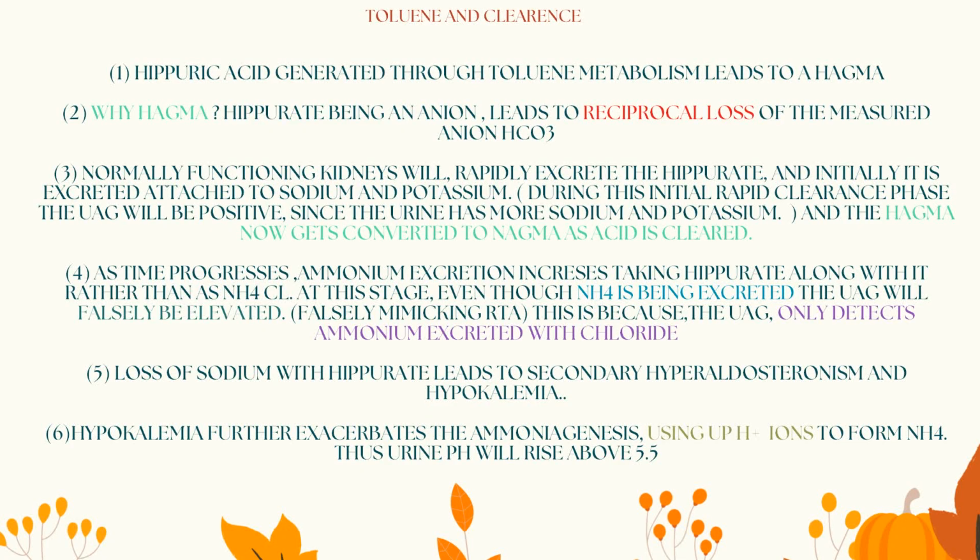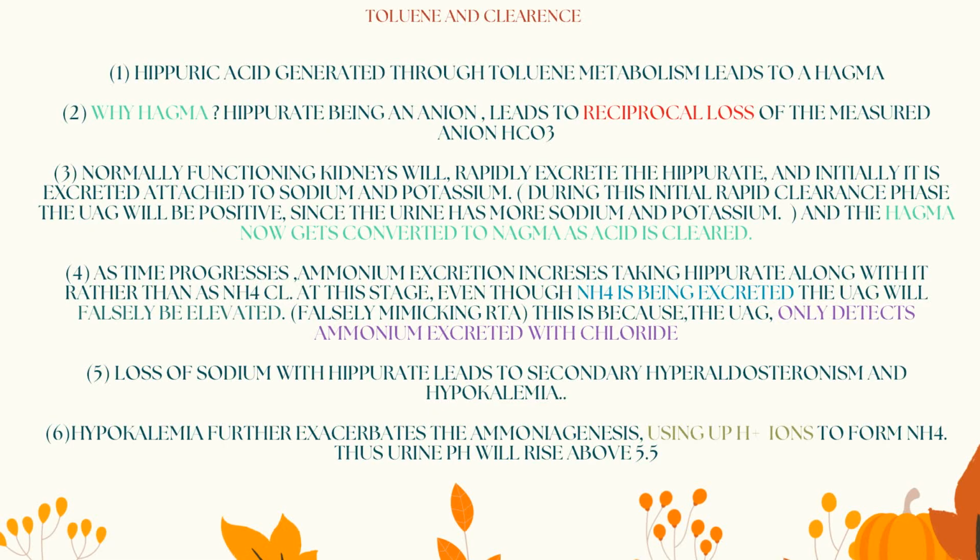As time goes by, you have ammoniagenesis setting in, and then ammonia is excreted with the hippurate and benzoic acid, and then this ammonium comes into the urine in a form that is not chloride. So ammonium is not combined with chloride, and the urinary anion gap is unable to pick up this ammonium that is associated with other anions.